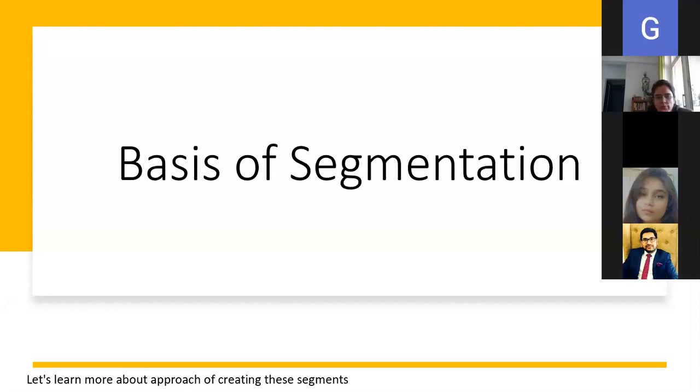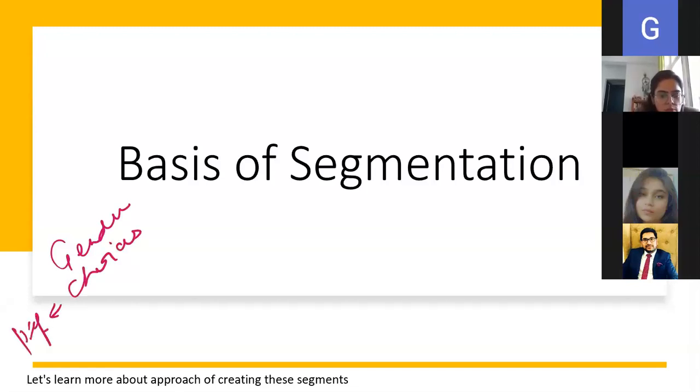On the basis of gender, choices, that is preferences. On the basis of age, on the basis of location, geographic. Income.